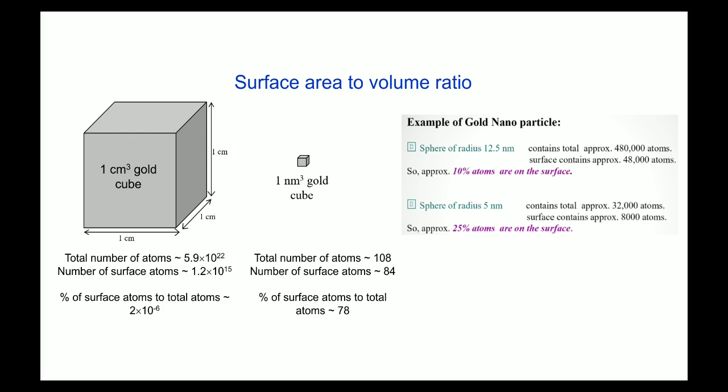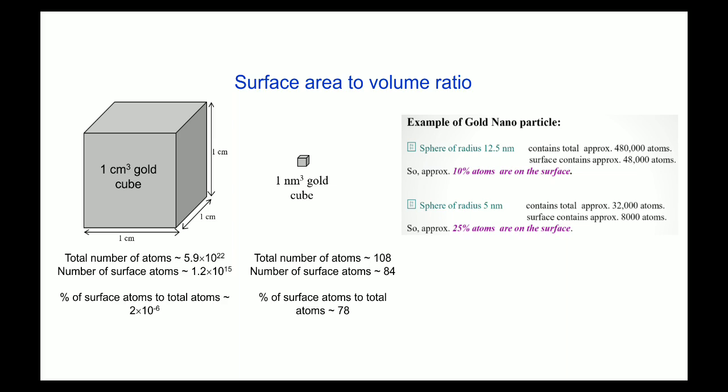So you can see that a large number of atoms are present on the surface. We are talking about a huge increase in the surface area of the nanomaterial when we reduce it from the bulk.